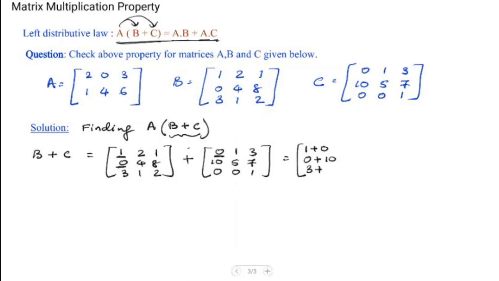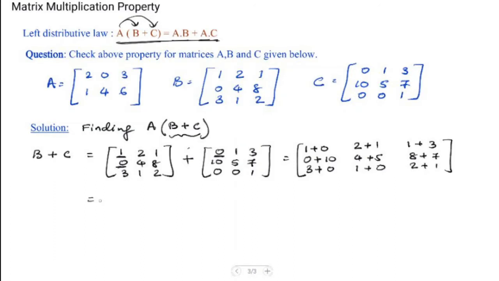And then we'll have here 3 plus 0. And then here will be 2 plus 1, 4 plus 5, and 1 plus 0. And this side will be 1 plus 3, 8 plus 7, and then we have 2 plus 1.